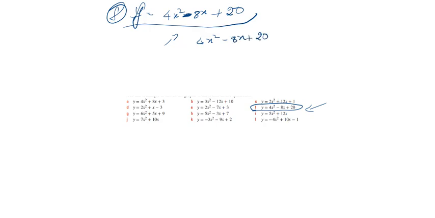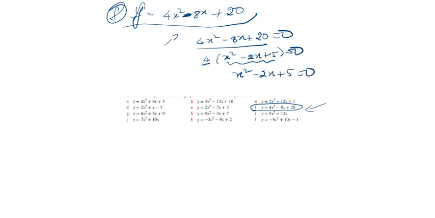If you look at it, your 4 is common, so you get x squared minus 2x plus 5 is equal to 0. Obviously, 4 is not equal to 0, so this value has to be equal to 0. Now, there are no factors because you got 5 and you have to add your factors, so you're never going to get a minus 2, so you're using your quadratic formula.